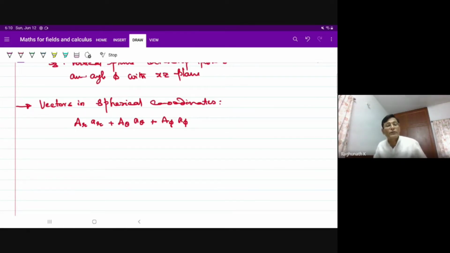Every unit vector is perpendicular to the other two, like a_x, a_y, a_z, and a_rho, a_phi, and a_z. Orthonormal basis vectors. Now we have to define a_r. a_r is what?